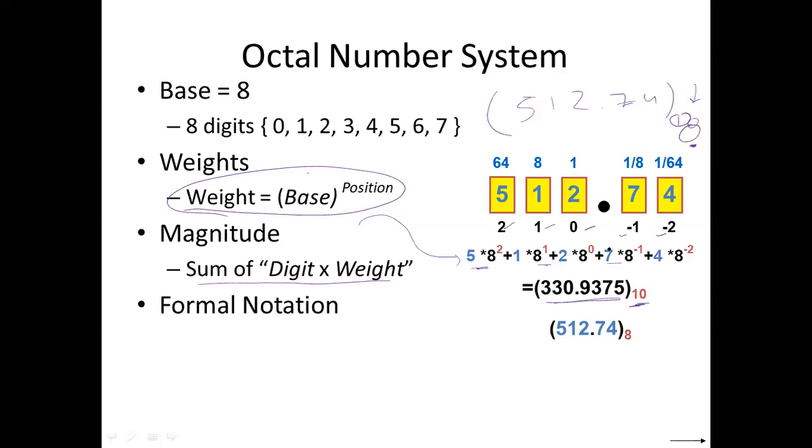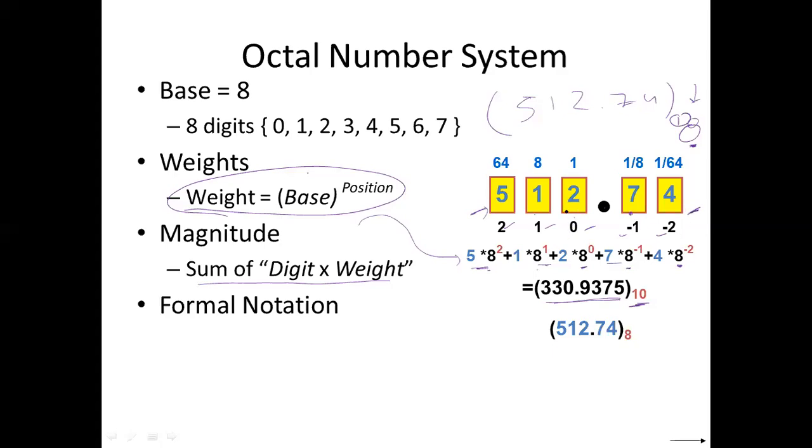So base raised to power position gives you the weight. 8 raised to power 0 is the weight of this place, 8 raised to power 1 is the weight of this place, and 8 raised to power 2 is the weight of this place. And after the decimal, 8 raised to power -1 is the weight of this place, and 8 raised to power -2 is the weight of this digit.